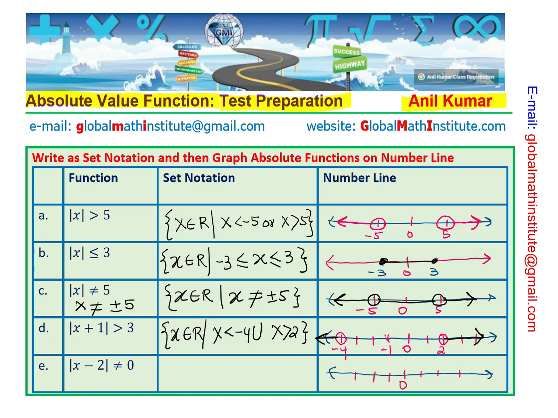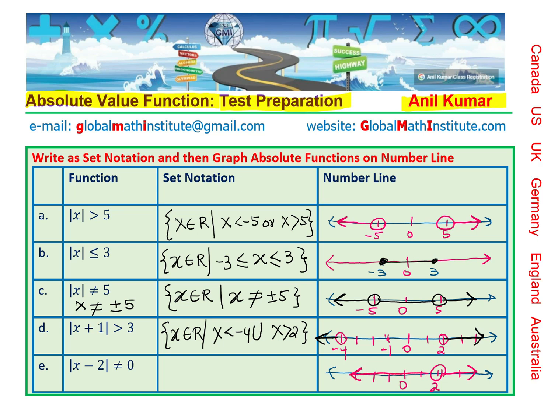it could be anything, right? But not 0. So it is 0 only at 2, right? So at 2, we have to exclude this particular point, and everything else is included. Makes sense? So that is how we are going to draw this number line for the given inequalities with absolute value function.